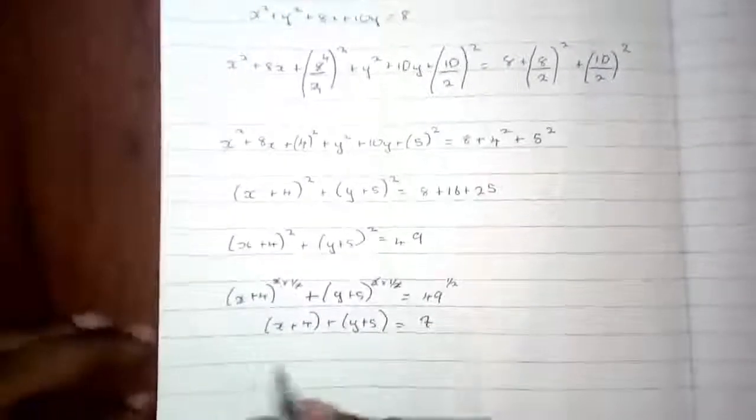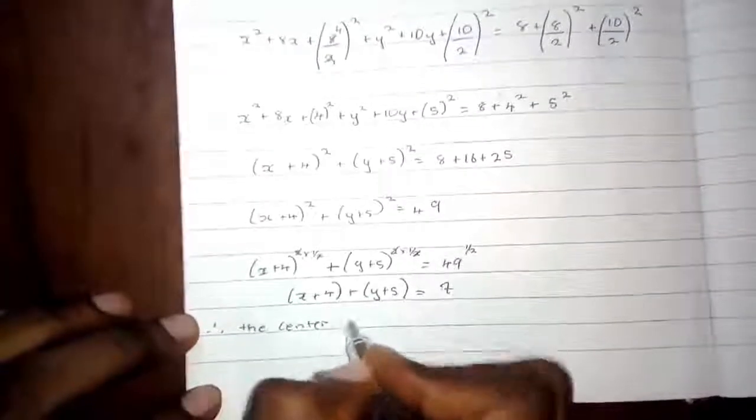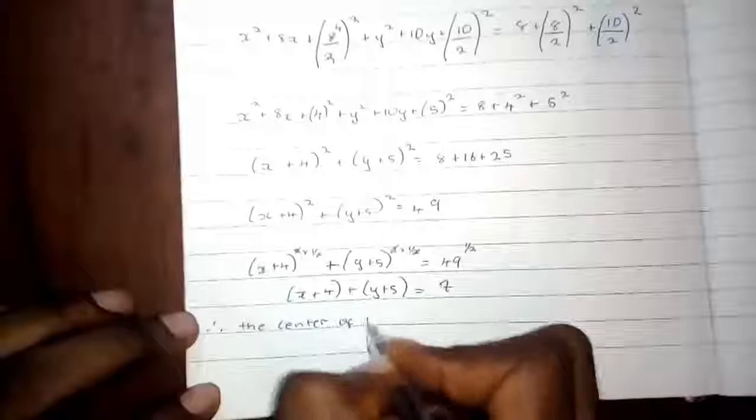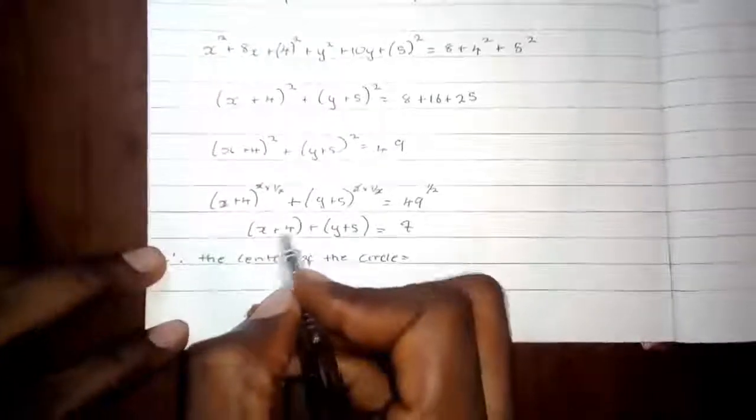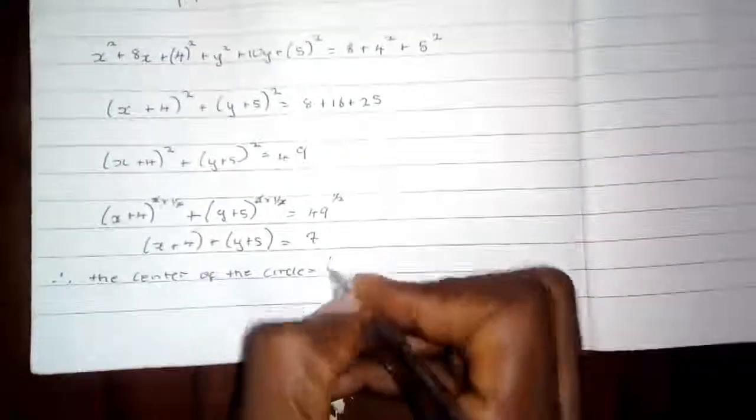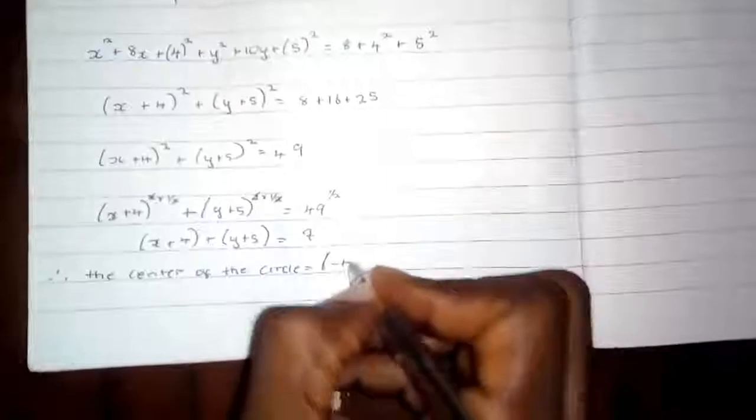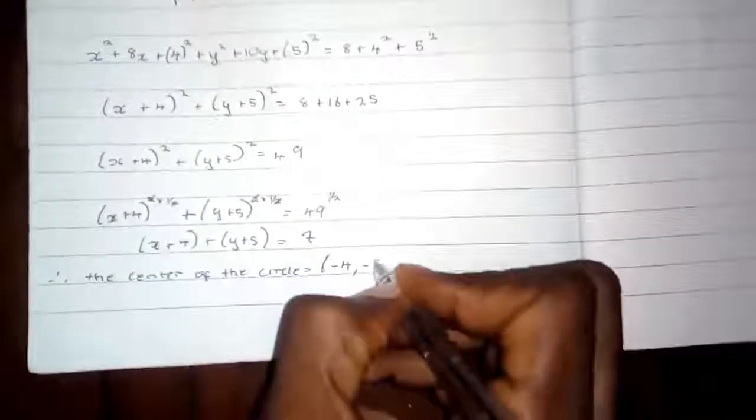Therefore, from this we can conclude that the center of the circle is found by making x the subject: x plus 4 equals 0, so x is equal to minus 4, and y is minus 5.